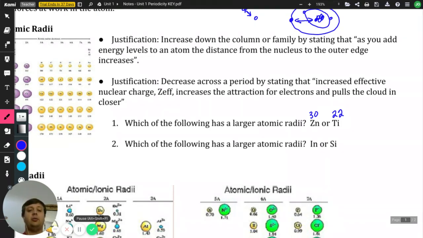So those electrons are going to be pulled in a little bit closer. Since zinc has more protons, it's going to be smaller. Since titanium has fewer protons, again, this is only in the same period, the same row, it is going to be the larger atom.